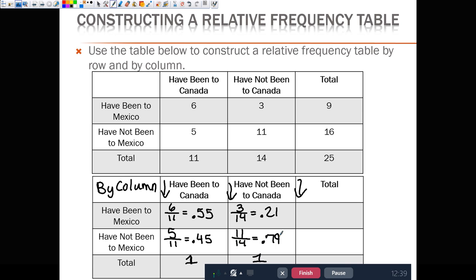And then our last total column, what is my ratio going to be for the first one? 9 over 25. And that as a decimal will be 0.36. Then we have 16 over 25, which will be 0.64. And then we have our total of 1 again, which would be 25 over 25.